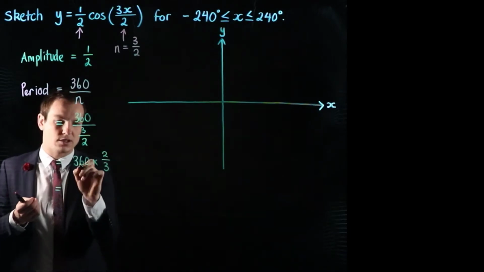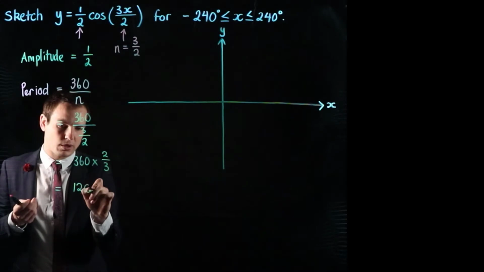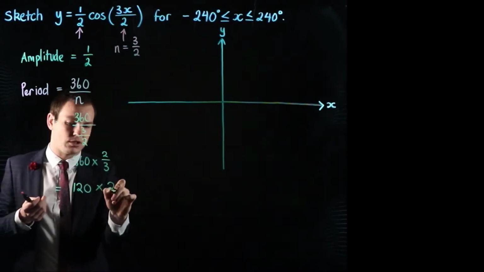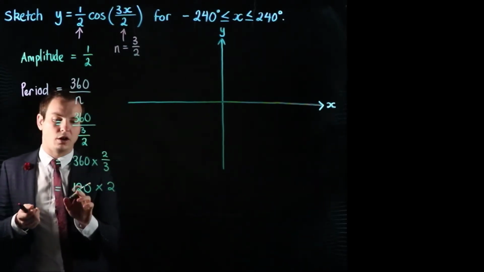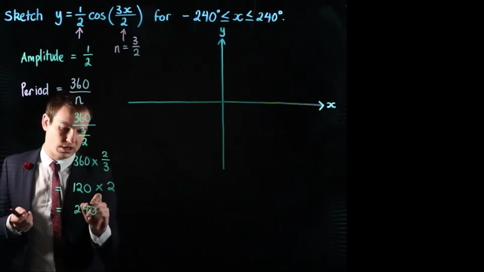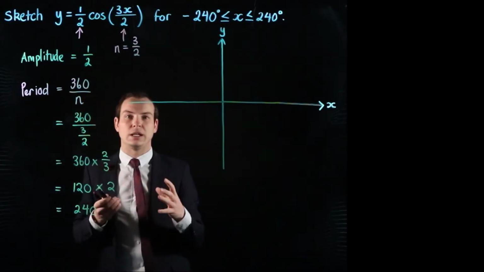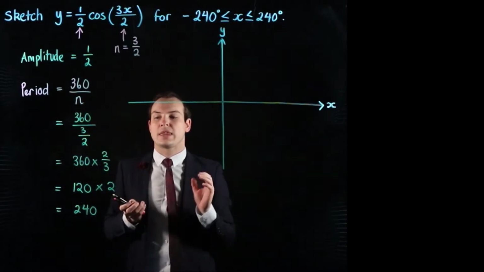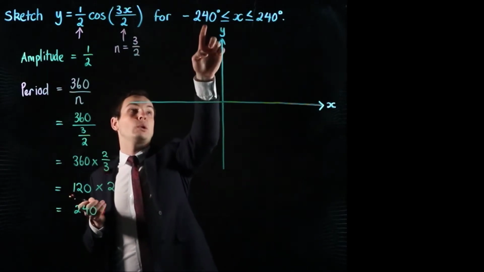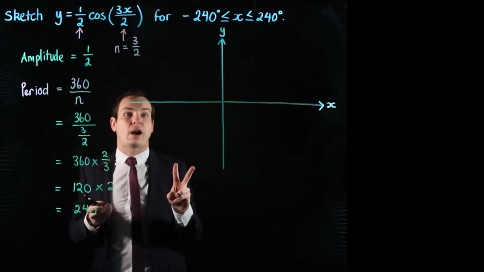So that's going to give us 360, and I'm going to divide by the 3 first, which will give 120, and then still multiply it by 2, which gives us a period of 120 multiplied by 2, which is 240. So that's the period, or how long it takes for the graph to complete one cycle. So with that information, we know that from negative 240 to 240 will fit in 2 cycles of this graph.